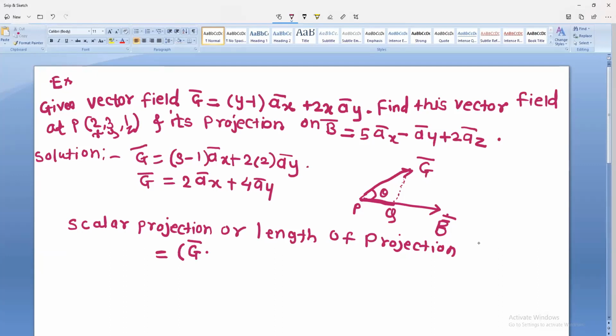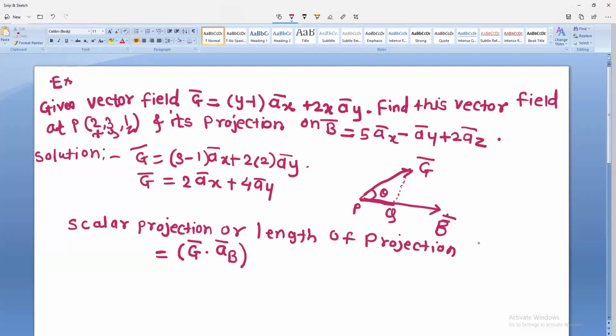So we are projecting vector G bar on vector B bar, right? And unit vector in direction of B bar is given by A bar B, right? So formula for scalar projection is G bar dot A bar B. Now we already have this G bar, but we don't know A bar B unit vector.